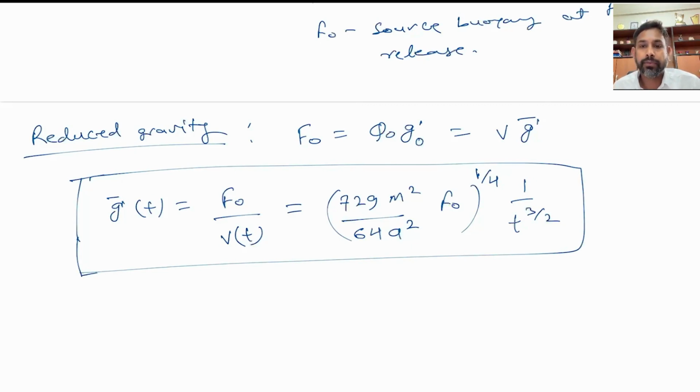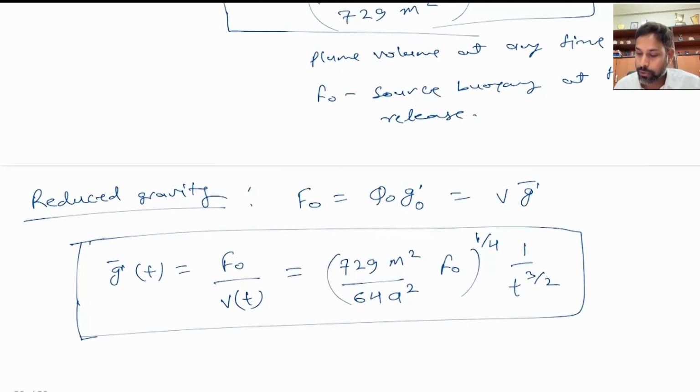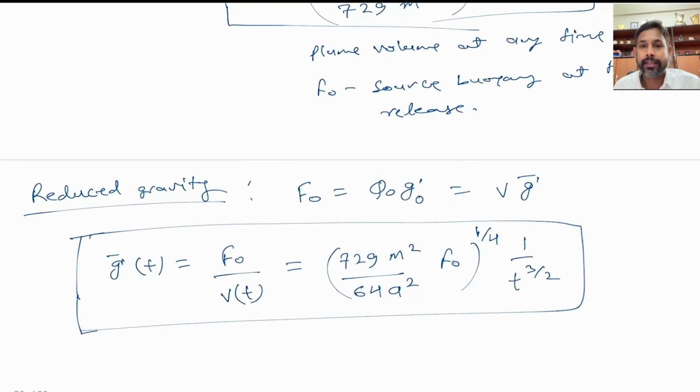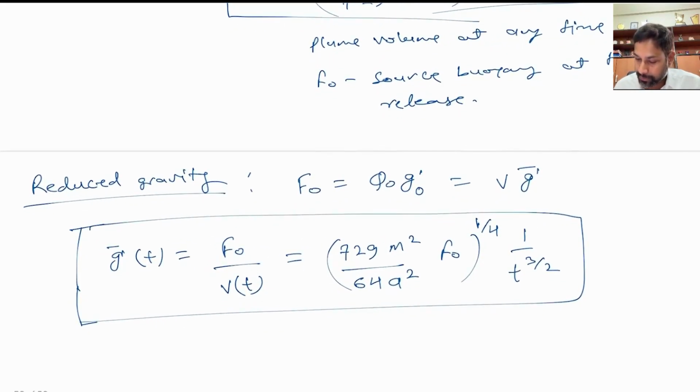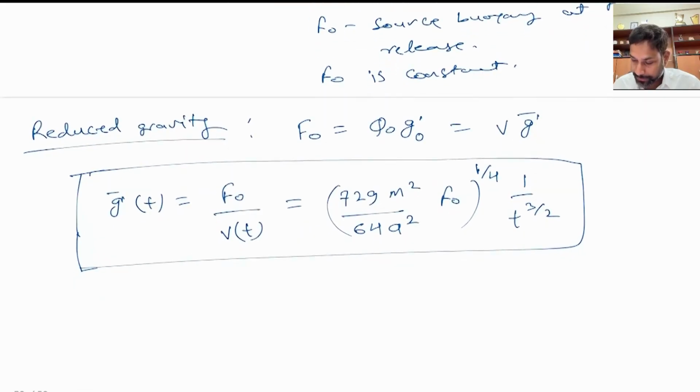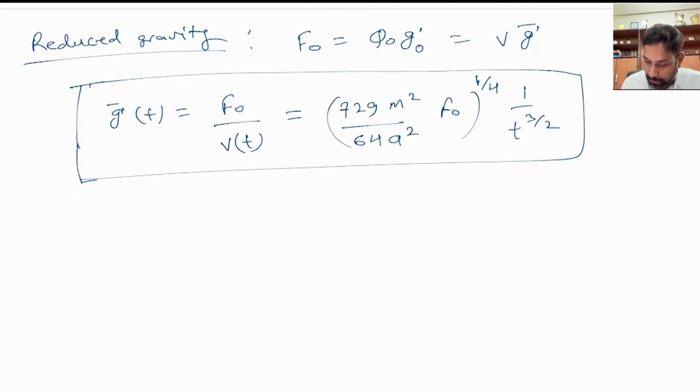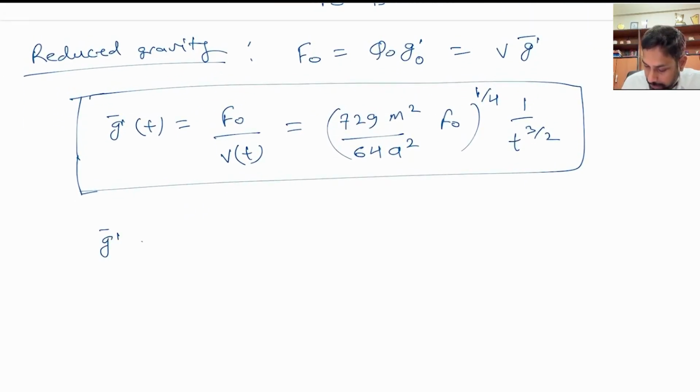It's decreasing with the 3 by 2 power of time. And F naught, as we note here, is the source buoyancy at the release, and that is a constant value. I can also note here that F naught is constant.